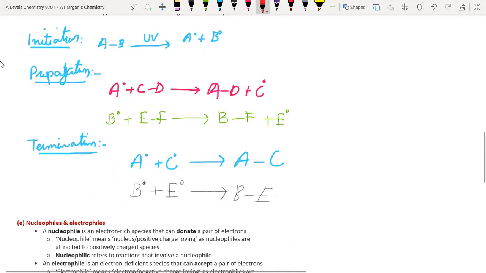Here I have drawn this for you. In initiation, this AB bond breaks homolytically and generates two free radicals. Every one of these free radicals reacts with another molecule and produces further free radicals.